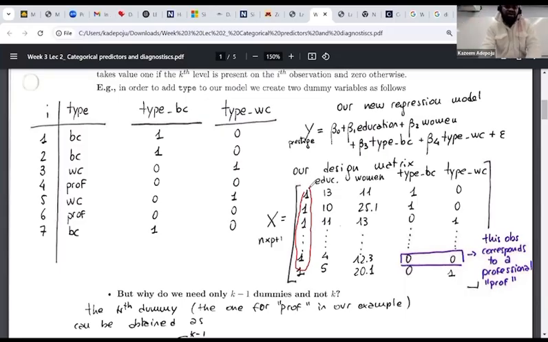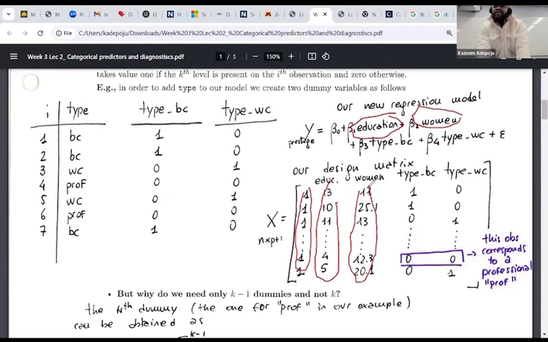Then the second column is the data on education for each observation. Don't forget, in my model, education is the percentage of women. Now, this is the dummy variable 1.